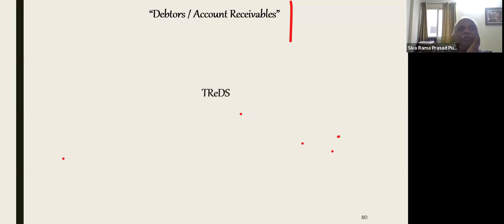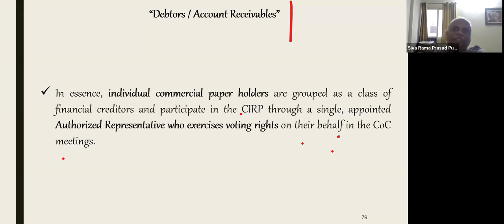Next, are you getting my point or not, sir? Is there any doubt with regard to commercial paper? Because the commercial paper is also borrowed by the company. If the corporate debtor facing the CIRP has commercial papers, you have to address it properly by following whatever I have told. Any doubt, sir?